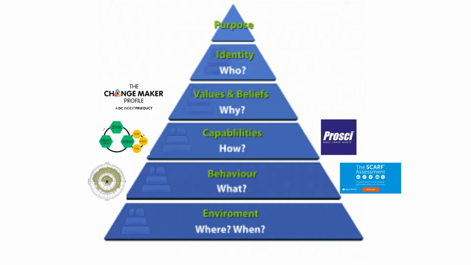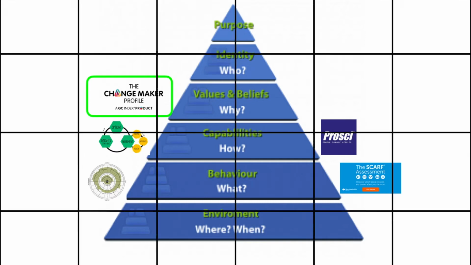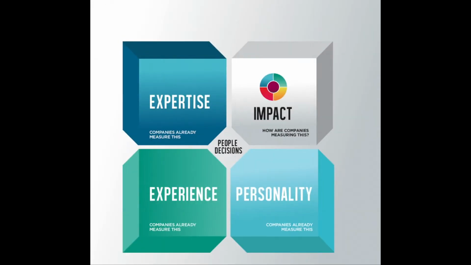Now let's jump into where we're going to hone in on the change maker profile and understanding to figure out how you want to show up and contribute as a change leader. So when we looked at the pyramid of the logical models, we talked about personality and the behavior piece of it.